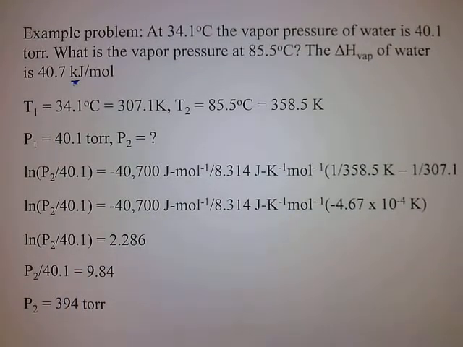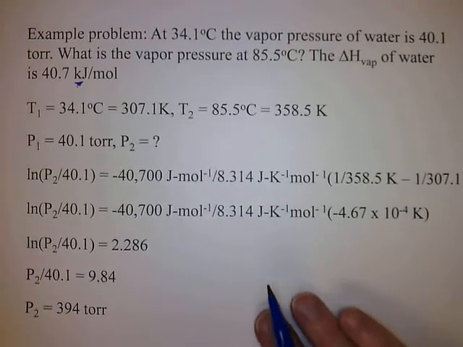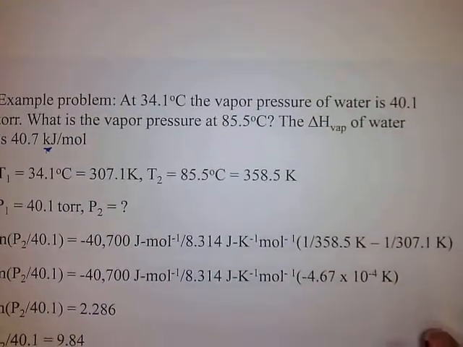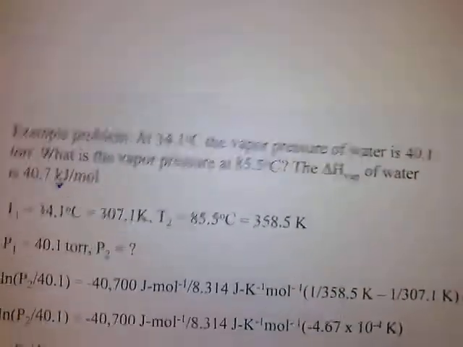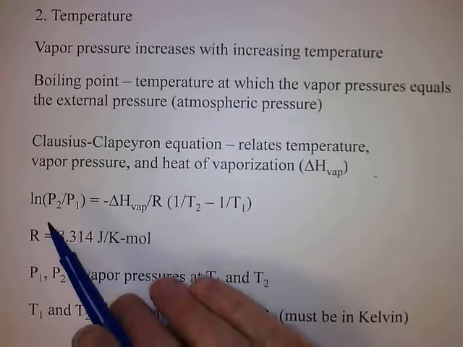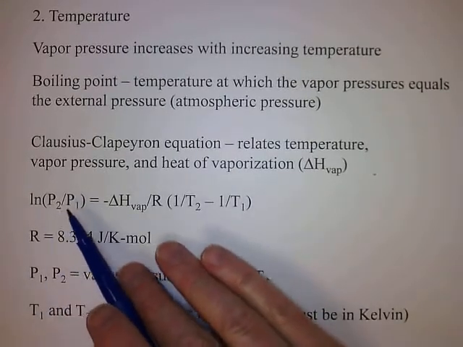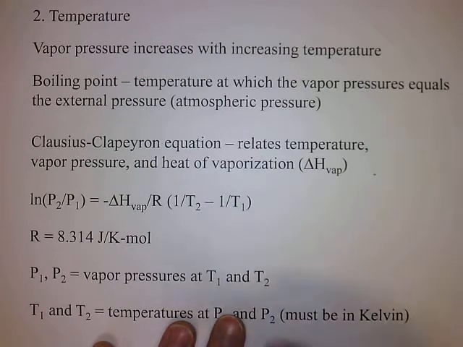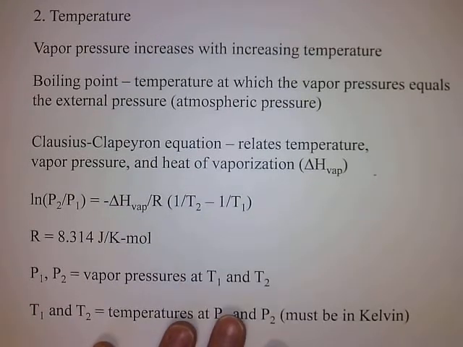And that's the Clausius-Clapeyron equation. That's how you use it. Now, basically, anything could be a variable here. So for example, I could give you two different vapor pressures and two different temperatures and have you calculate the heat of vaporization.